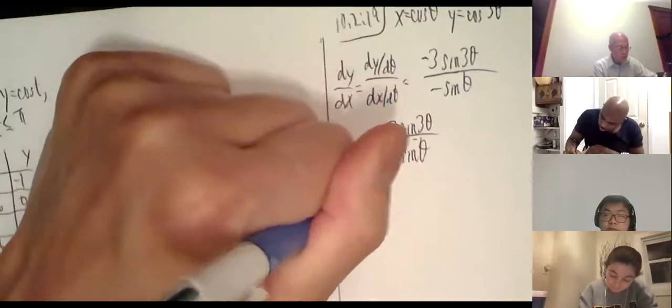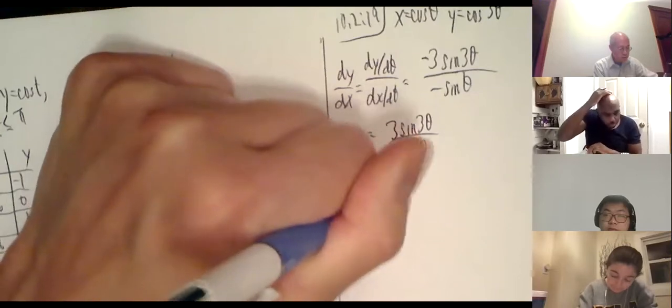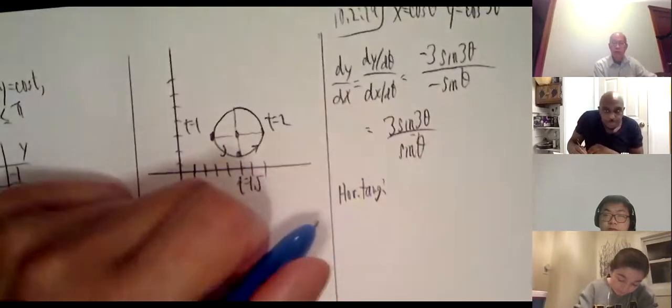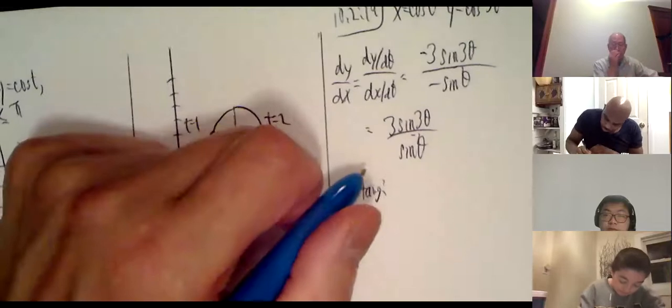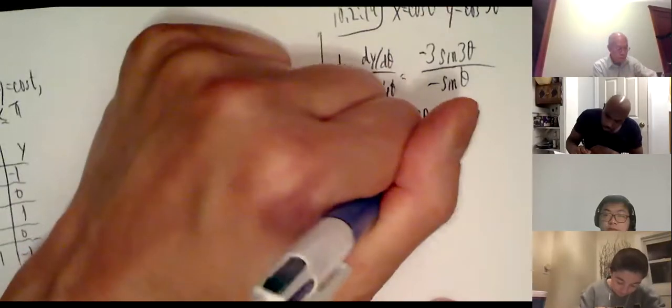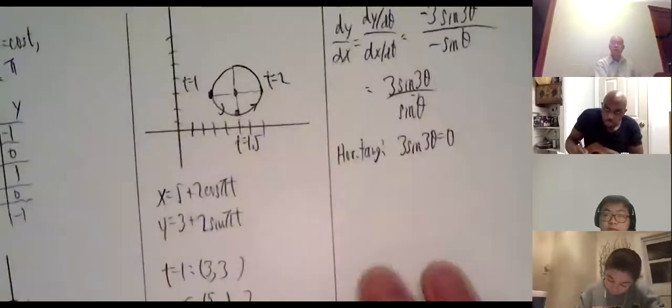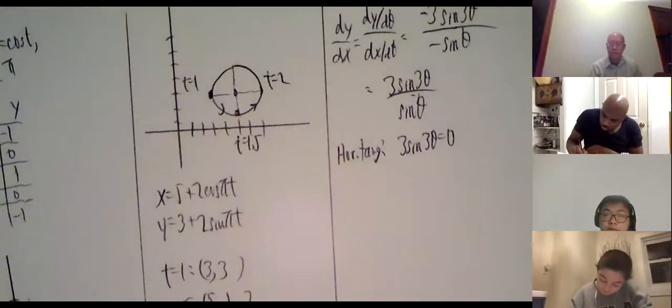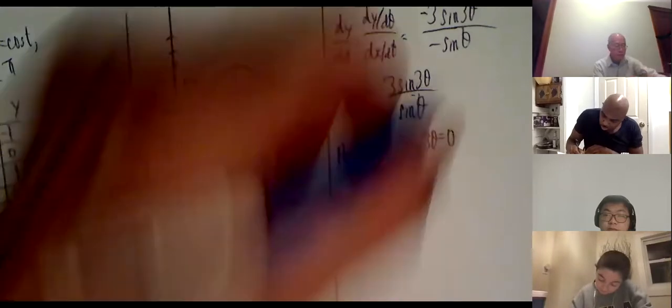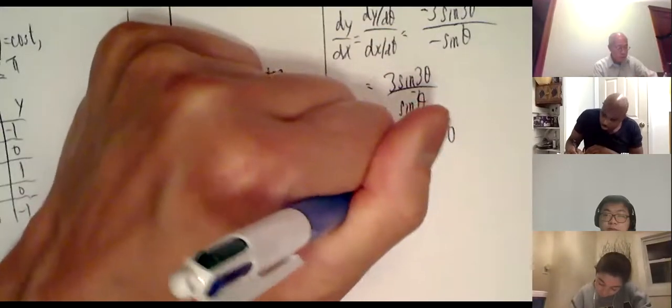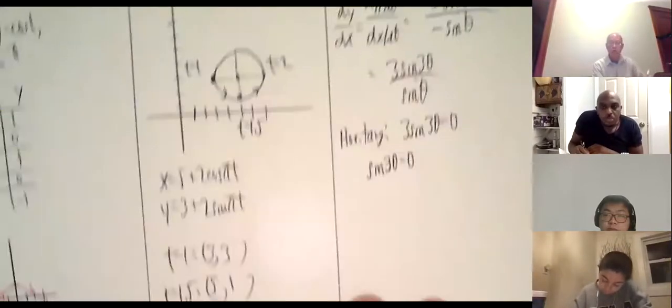Okay, now horizontal tangent means the top is 0, but at the same time the bottom cannot be 0. 3 sine 3 theta equals 0. Sine of 3 theta equals 0.